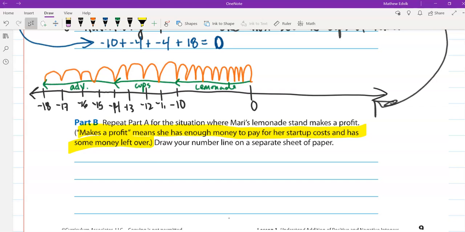Okay, so here's what this means, is that if she sells one more cup of lemonade, if she sells 19 cups of lemonade, if they're $1 each, then she makes a profit.